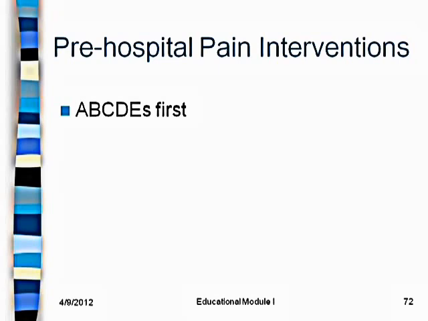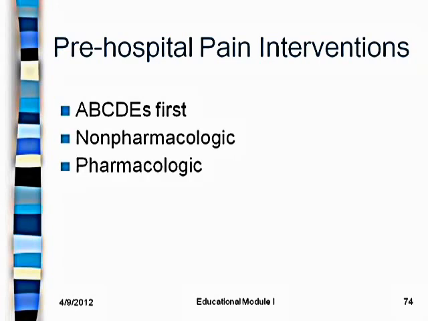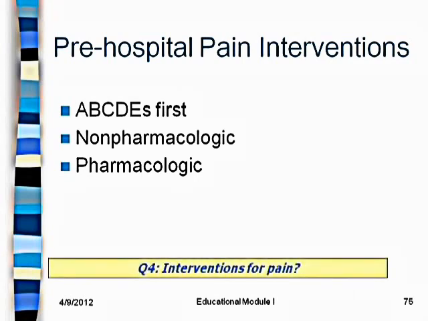There are two categories of pain intervention, non-pharmacologic and pharmacologic. The next several slides will discuss methods used in both categories, and will address reference case question number 4, which interventions are indicated for pain.